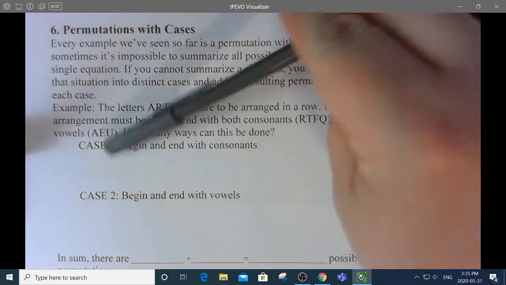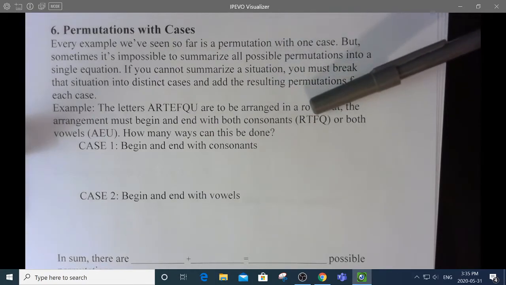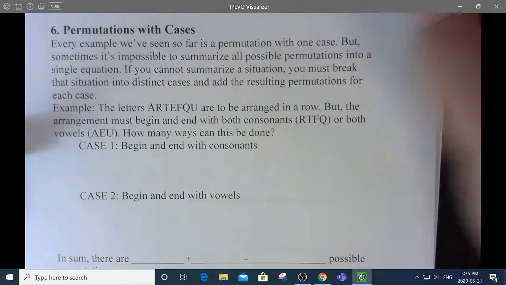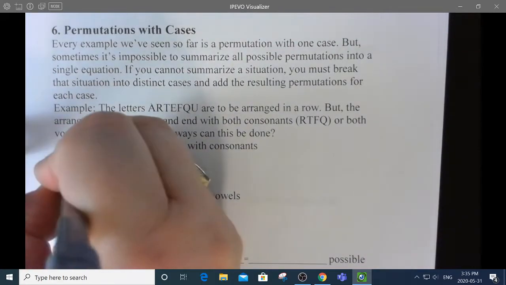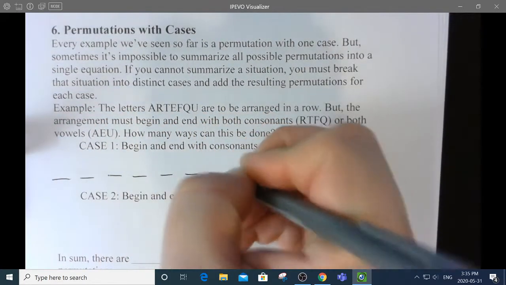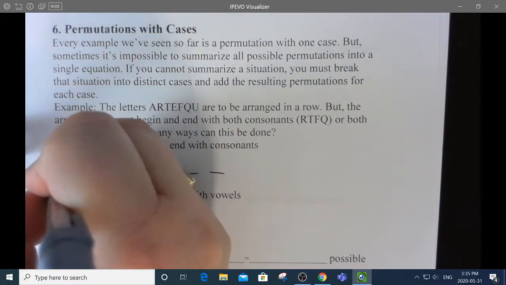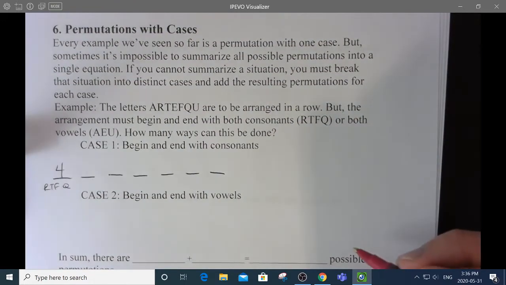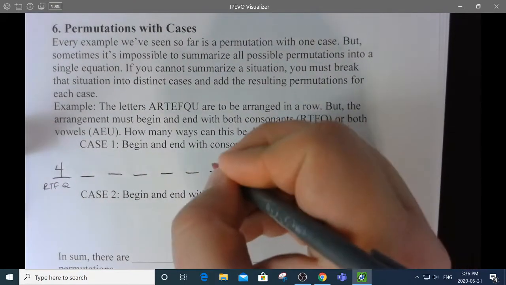Now, why can't I do this as one calculation? Well, because either I have to have a consonant at the front or back, or a vowel at the front or back, and there isn't an equal number of those two things. So let's write this out. There's 7 places to put my letters, and I have to put R or T or F or Q here. So there are 4 possible things I can put there. Now, once I put one of my consonants here, I have to put the other one here.